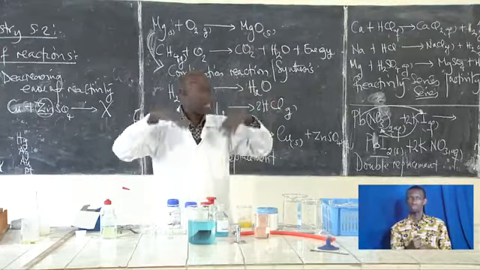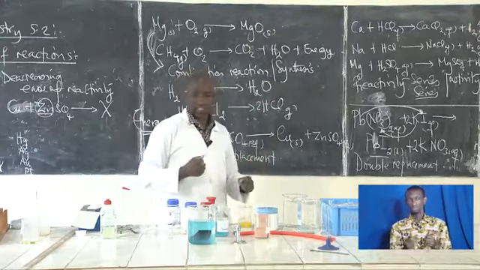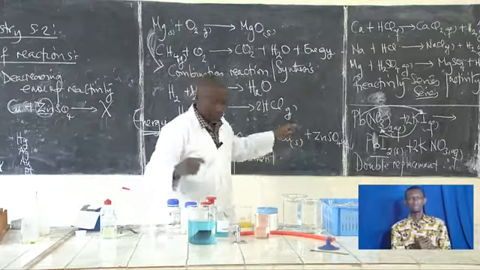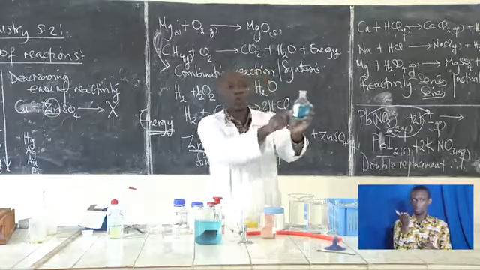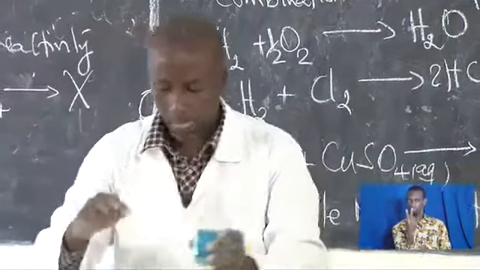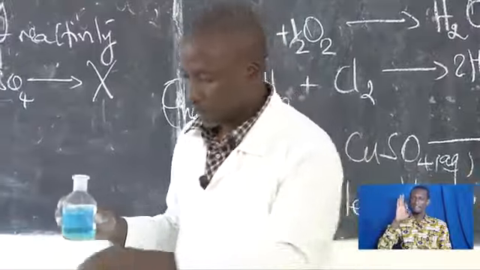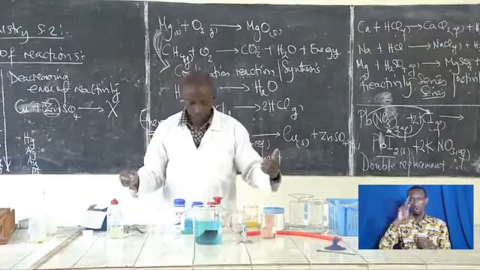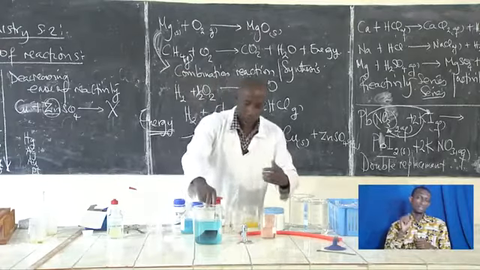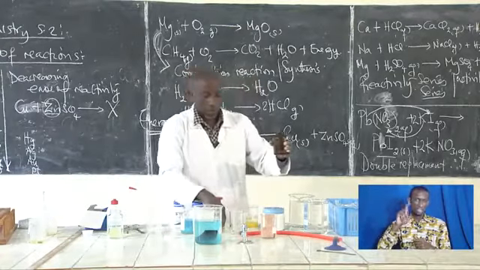You can think of some other examples, not necessarily this. Probably you can have another one. I have copper 2 ions. This is copper 2 sulfate solution. And then I will have sodium hydroxide. It's here.